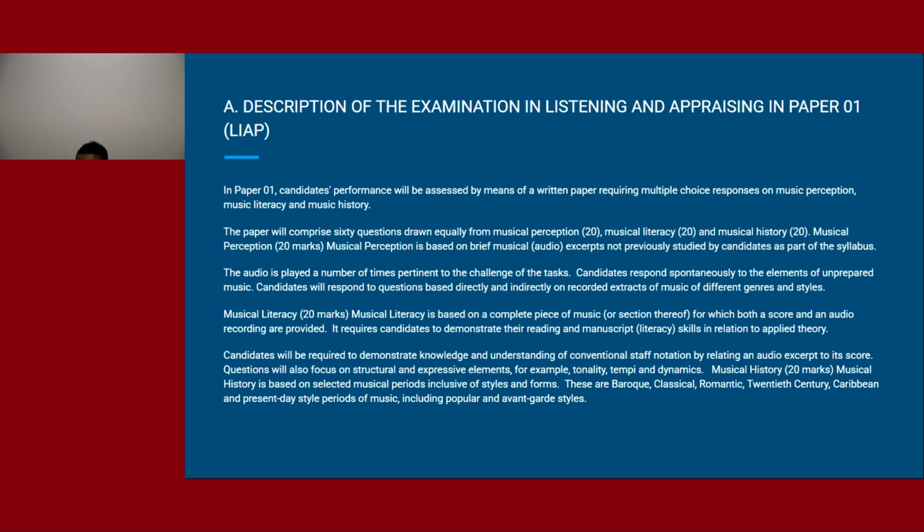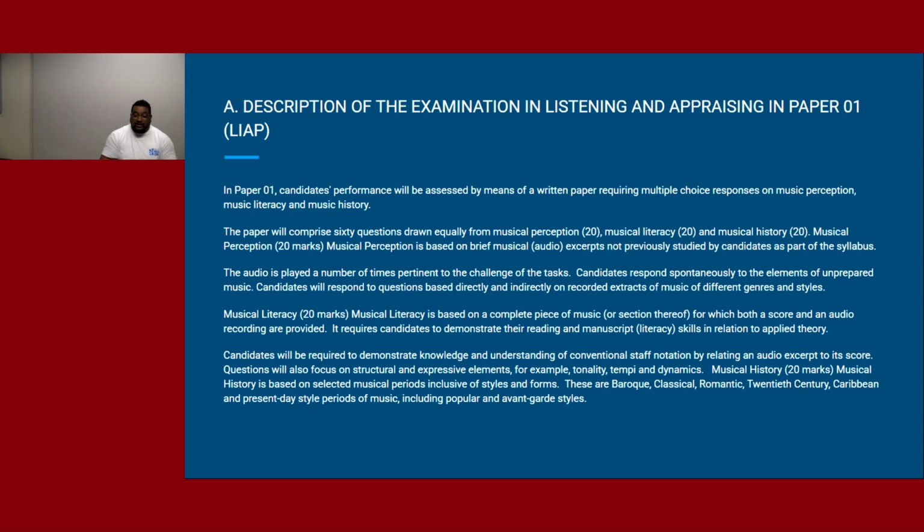Now, the music literacy is worth 20 as well, and it is based on a complete piece of music or a section for which both a score and an audio recording are provided. It requires candidates to demonstrate their reading and manuscript literacy skills in relation to applied theory.